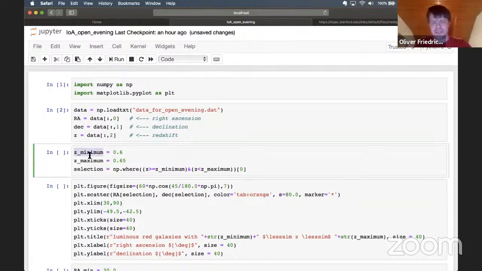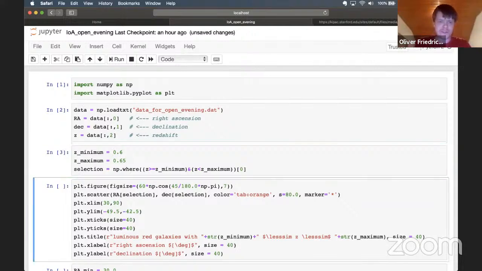Here I'm taking a redshift interval of 0.6 to 0.65. So this really means that I'm just going to single out a certain subset of all the galaxies that are in a certain narrow interval of distance towards us. So these galaxies will all live in a narrow shell around us, if you will. So let's just single them out.